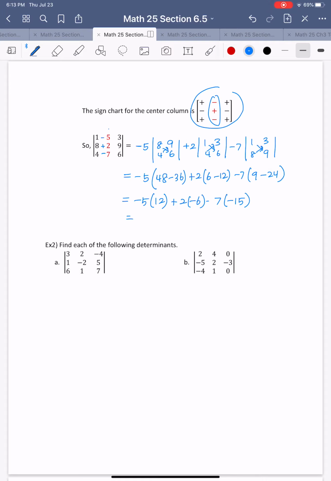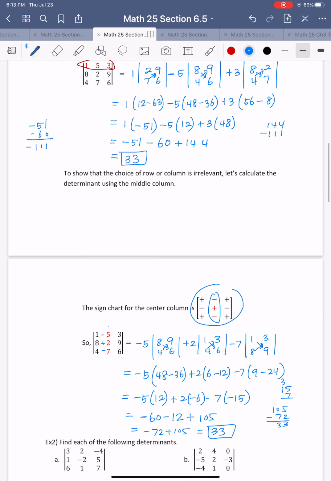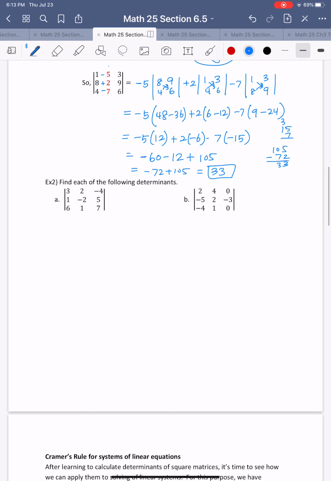So now I have negative 60 minus 12 plus 15 times 7 is 105. So negative 72 plus 105, I got 33. So do you see we got the same answer? The previous one we got 33 because it's the same elements.